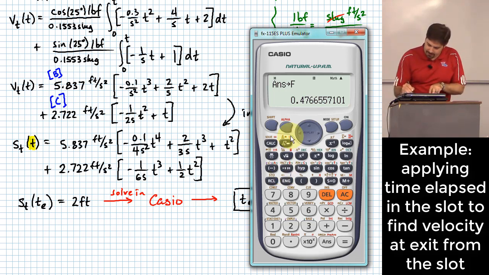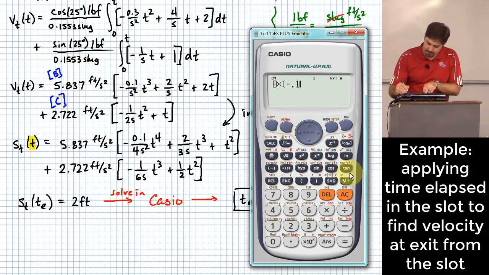What I have there is B times negative 0.1 times t, and I'm going to plug in f there, cubed, plus 2 times f squared. Next, I've got 2 times f.